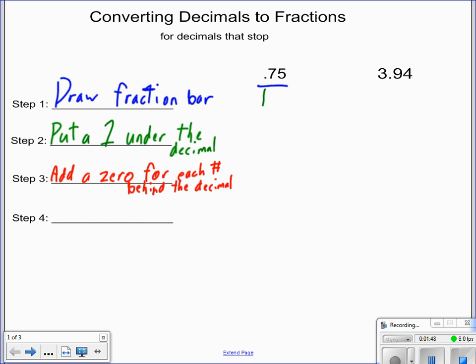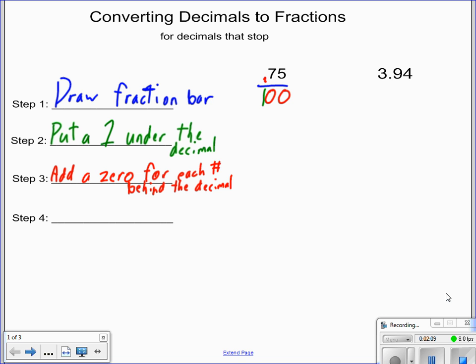So I'm going to add a 0 for each number behind the decimal. 2 numbers, the 7 and the 5 are both behind the decimal, so I'm adding 2 zeros. 75 hundredths. At this point, if this was written out, I can erase that decimal point. It's no longer there. I have a fraction.